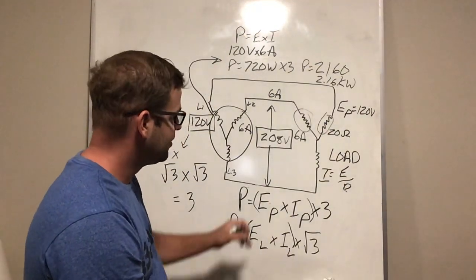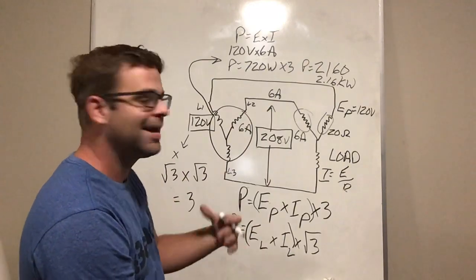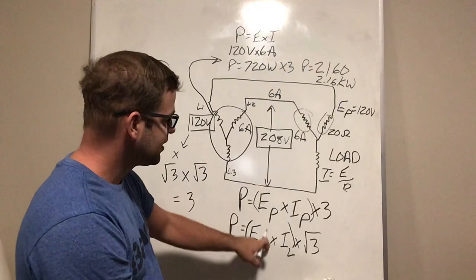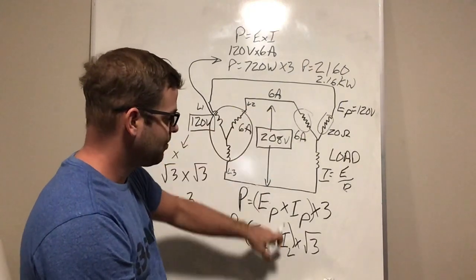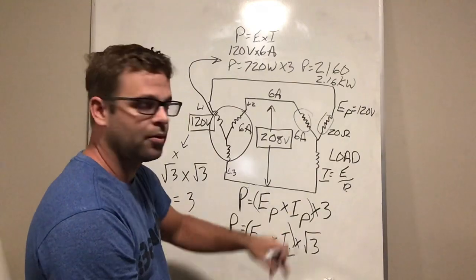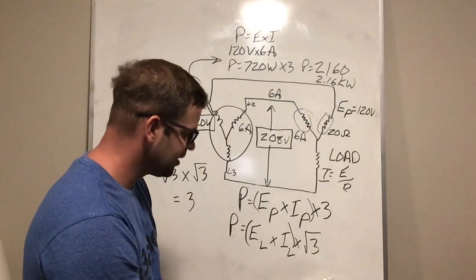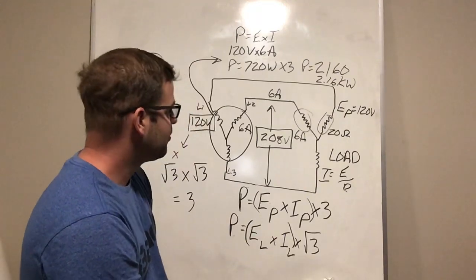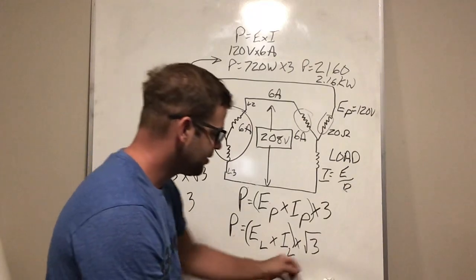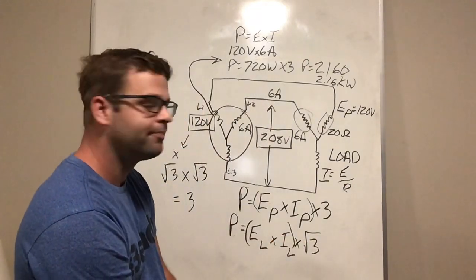And then if I'm looking at line values, because this value is already root 3 larger, I can't multiply it by 3, but I can take my E line times my I line and multiply it by root 3. And now the two of these values are going to be exactly the same. It can be a little confusing to start out, but once you go through and practice questions, it'll make things a lot easier as you go through.